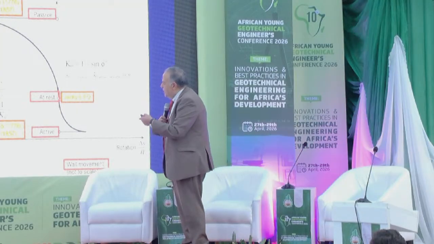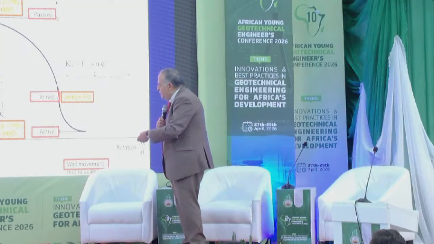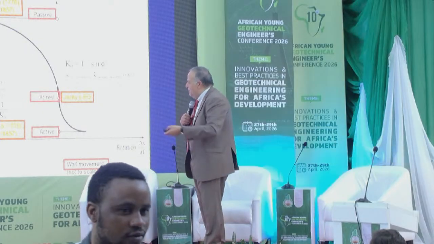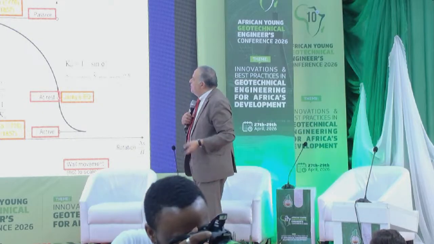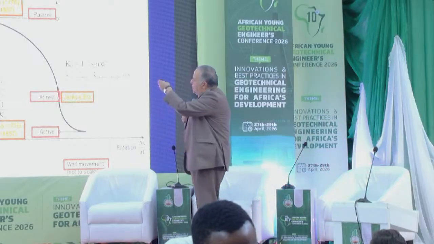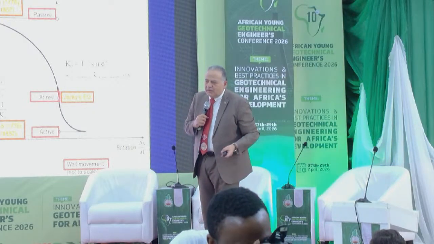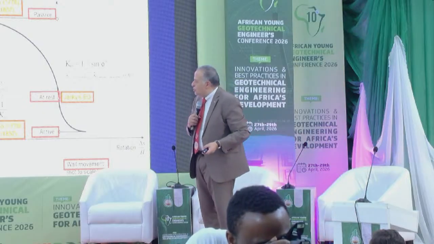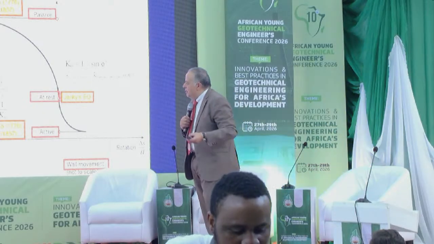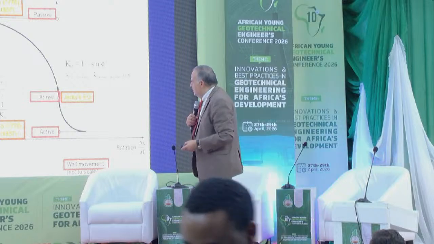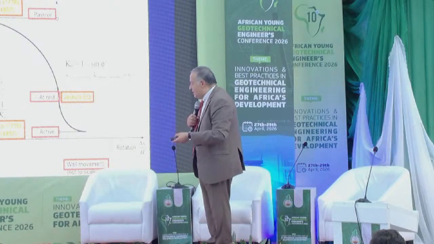You can use K active and K passive, with the definition of K active as 1 minus sine phi over 1 plus sine phi, and K passive is 1 over K active. As for Coulomb, we use trial wedge analysis in order to obtain the passive earth pressure and also the active earth pressure.